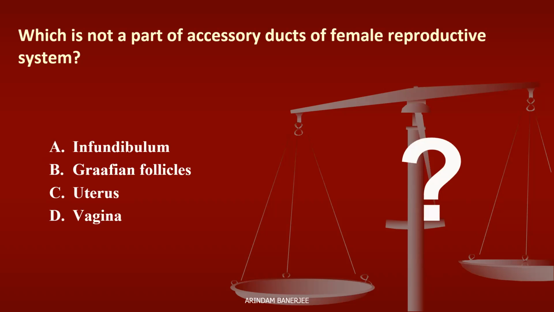It's the Graafian follicle, because the rest, like infundibulum, uterus, vagina, are all accessory ducts, but the Graafian follicle is a follicle, so that is not included in the accessory ducts.